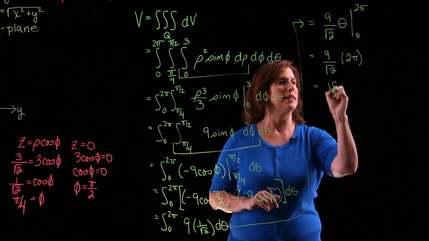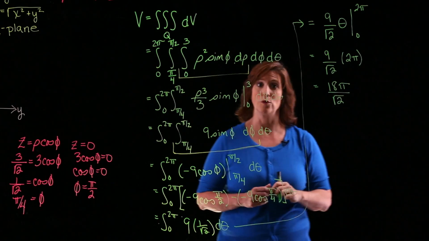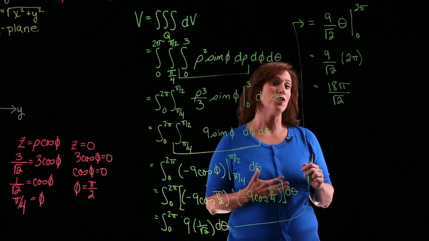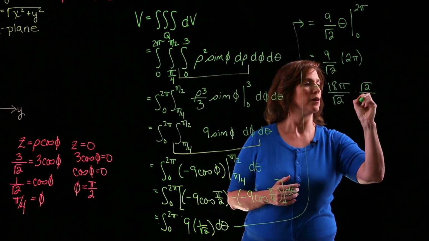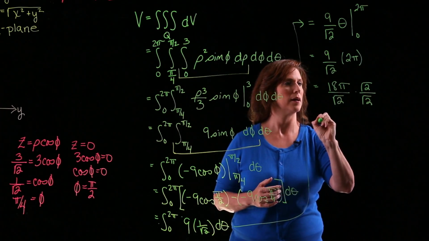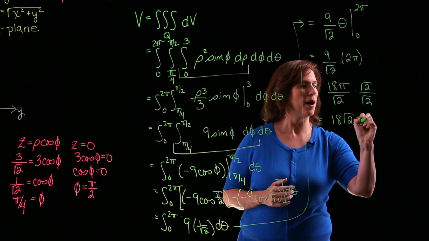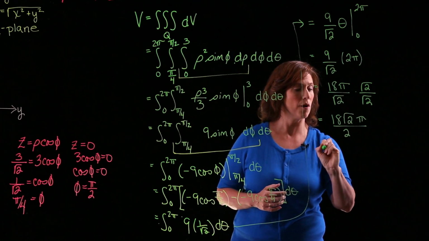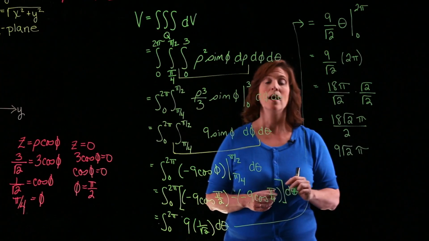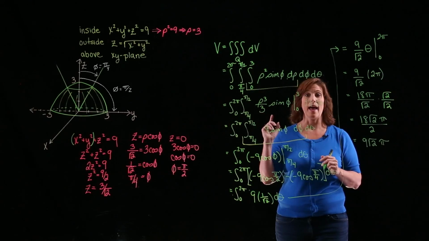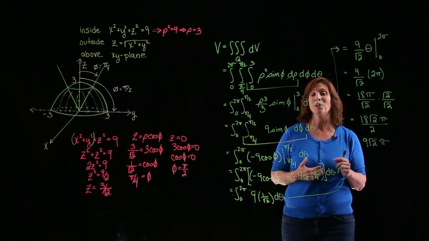So I've got 18 pi over the square root of 2. If you prefer, you can rationalize your answer by multiplying by root 2 over root 2, which will give you 18 root 2 pi over 2, or 9 root 2 pi. Remember, we're evaluating a volume, so 9 square root of 2 pi cubic units.